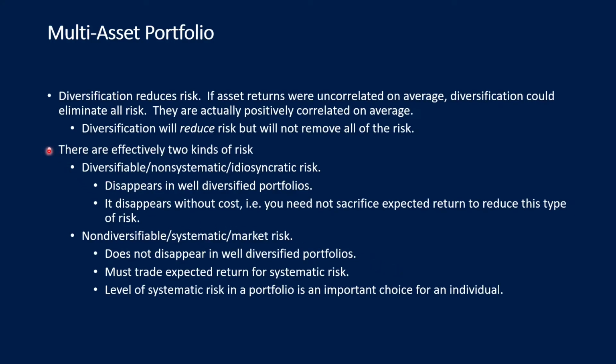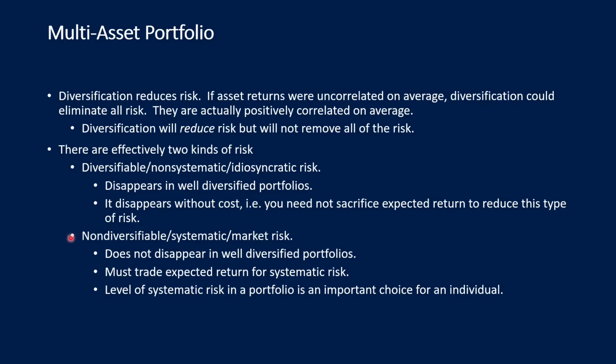There are effectively two kinds of risk: diversifiable, non-systematic or idiosyncratic risks. They disappear well in diversified portfolios, and it disappears without cost, i.e., you need not sacrifice expected return to reduce this type of risk.